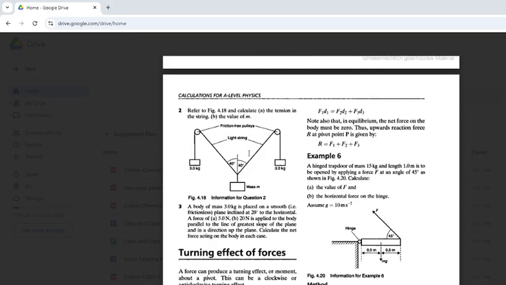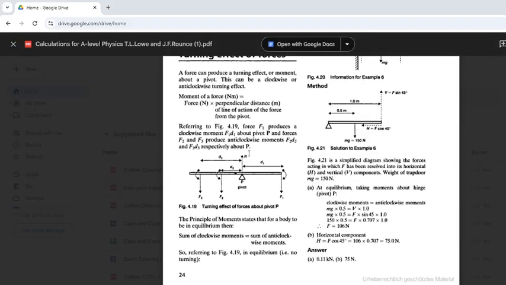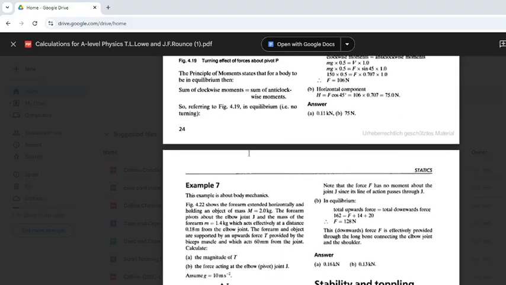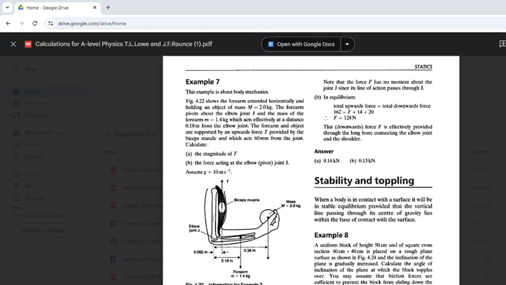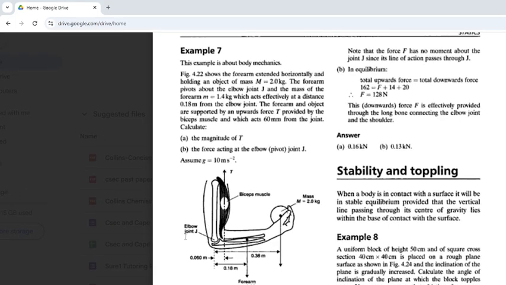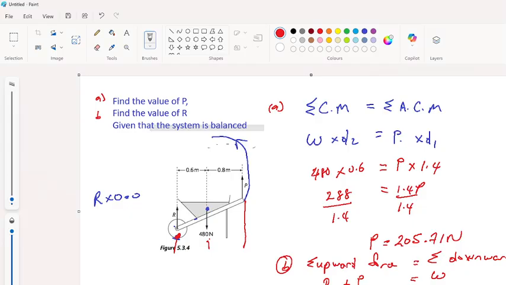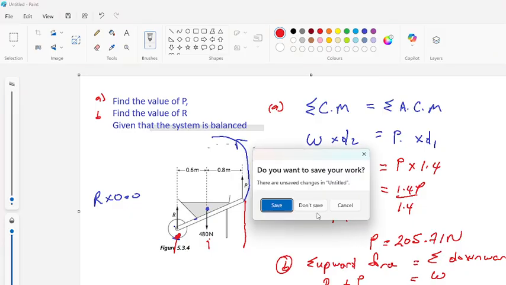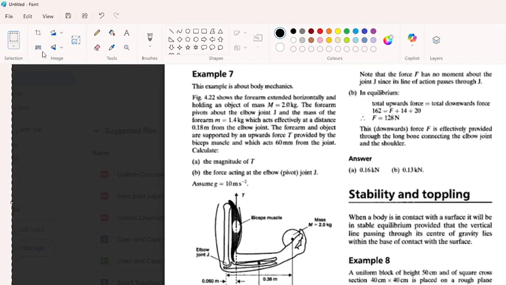Where should I start you off with? Example 7. Example 7 looks like a beautiful question, doesn't it? Alright. Let me just put this in my paint. You guys are excited. This is a beautiful question.